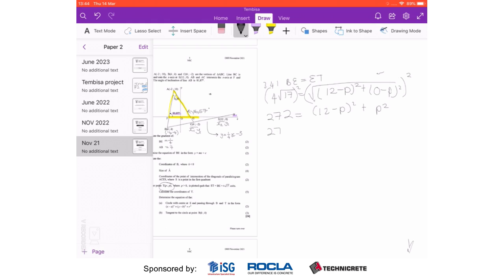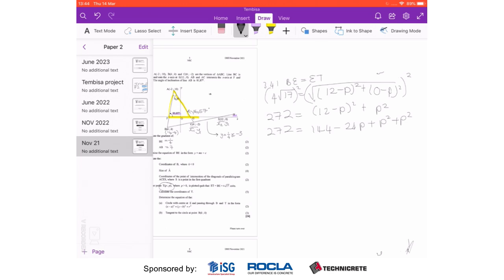So we need to now expand this 12 minus p, which is going to give me 144 minus 24p plus p squared plus the other p squared. Now, simplifying, what do we have?